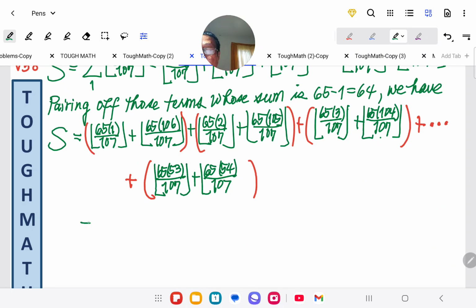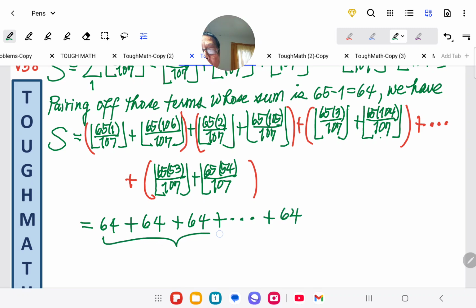and so we have 64 plus 64 plus 64 and so on, plus 64. There are 53 terms.